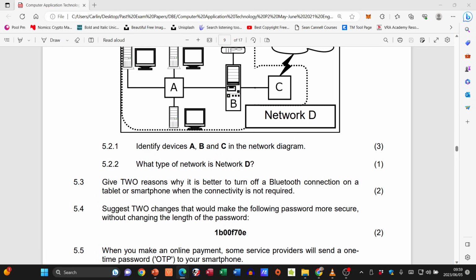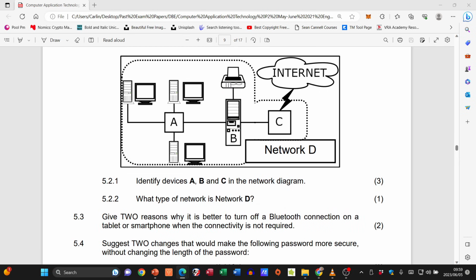So we know what A, B, and C is, and then they ask us 5.2.2, what type of network is network D? Now, when we talk about a type of network, we're talking about LAN, MAN, WAN, GAN. Is this a HAN, a home area network? No. We're talking about a big server here, so this is going to be some sort of business.